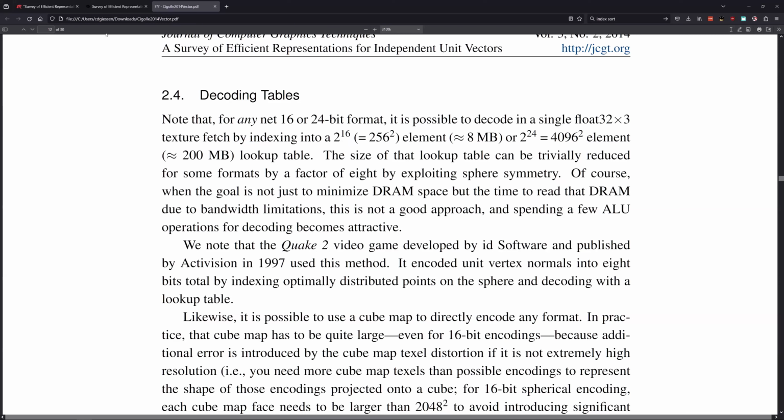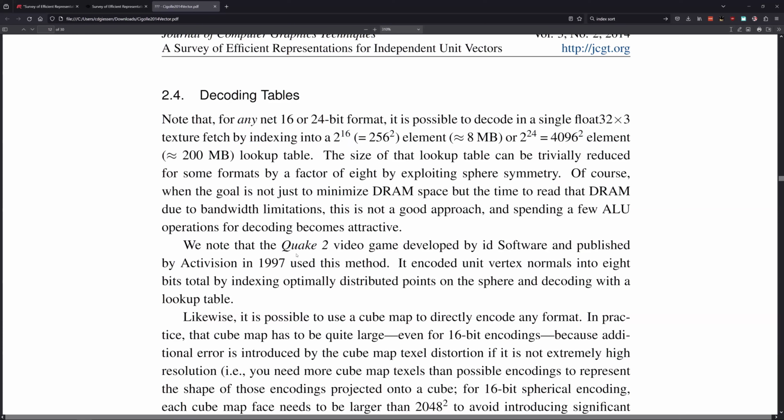Yeah, I think you're right. It's the same concept. But instead of sorting numbers, it's just doing lookup and decoding. You basically store out every possible integer or a floating point value for each integer input you have.